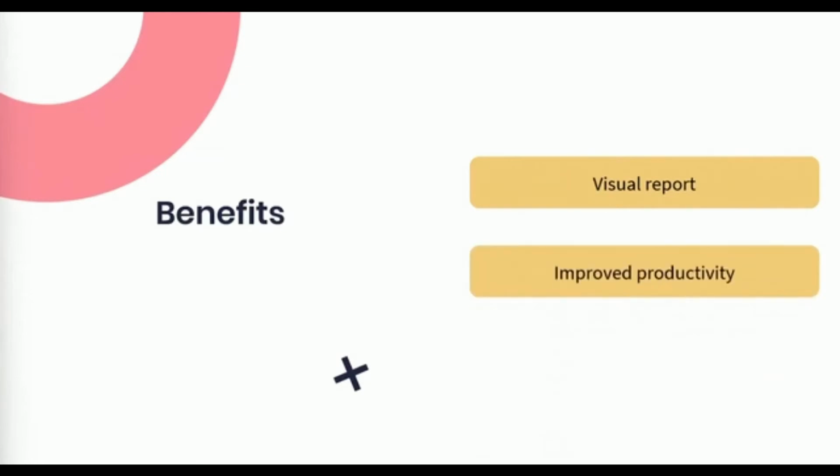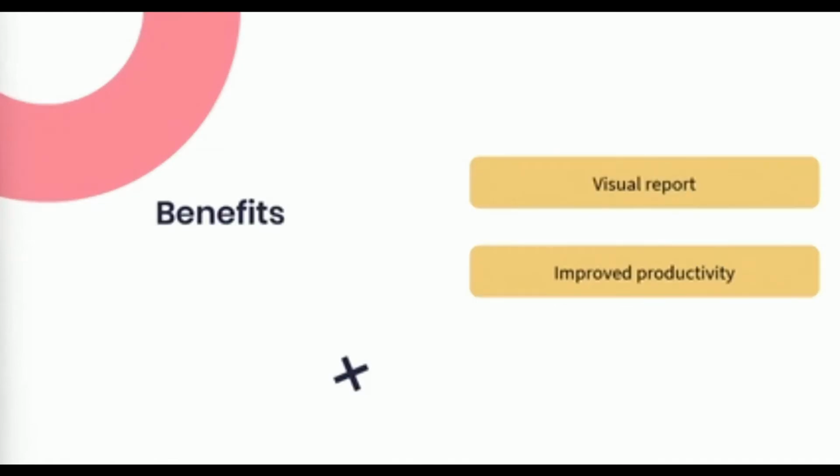Dashboards have many benefits, but here are the top 2. Firstly, you can create a visual report. A visual report is summarized data which easily highlights the strengths and weaknesses of a company, as well as improves productivity. When we know the aspects which need attention, we can reduce the problems and, of course, increase our productivity too.